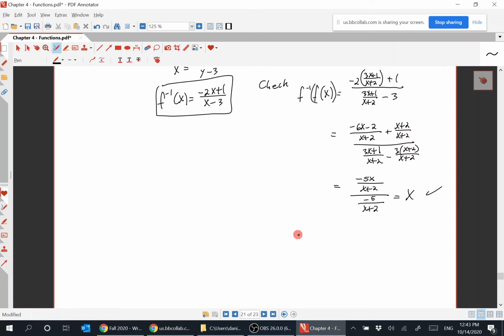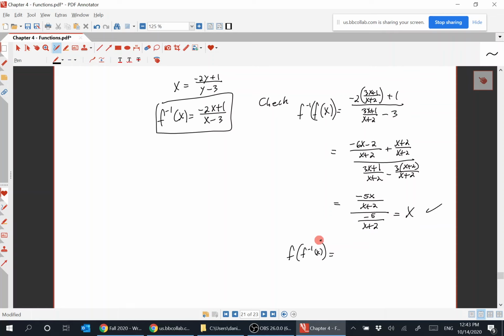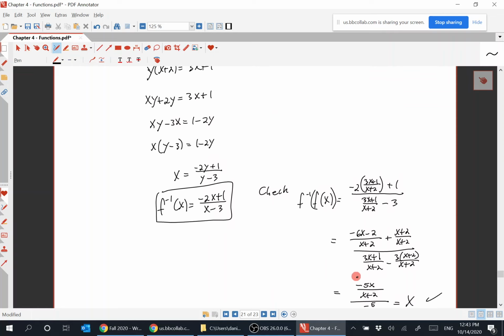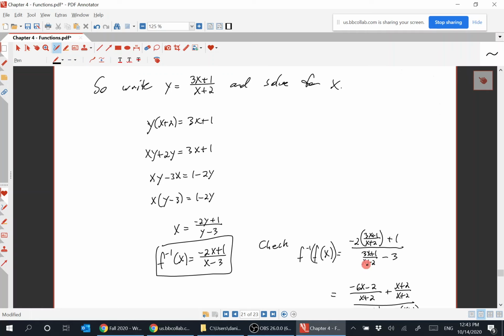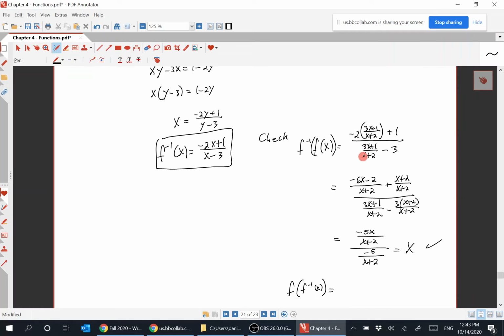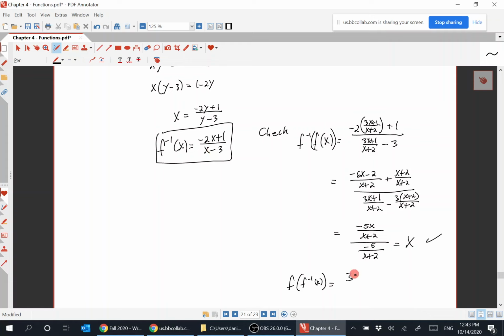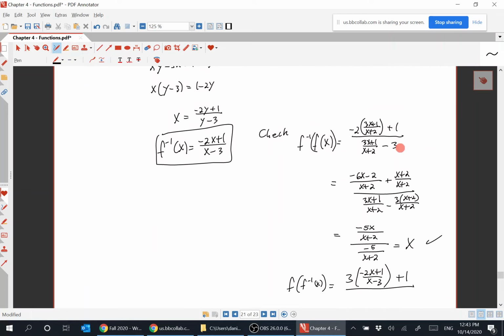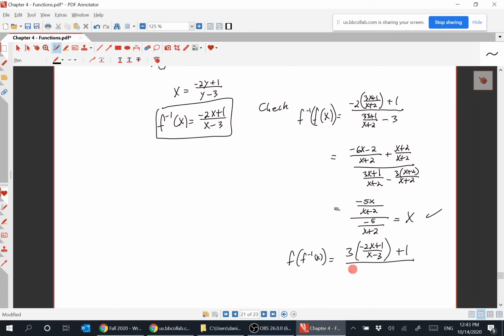And then the other way around, f of f inverse of x is equal to 3 times (minus 2x plus 1) over (x minus 3), plus 1, over (minus 2x plus 1) over (x minus 3), minus 3.